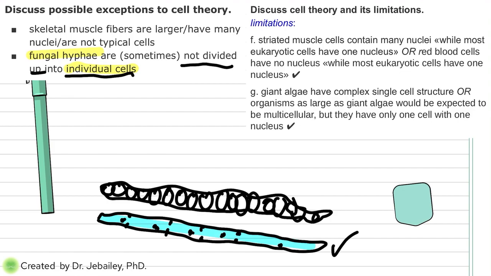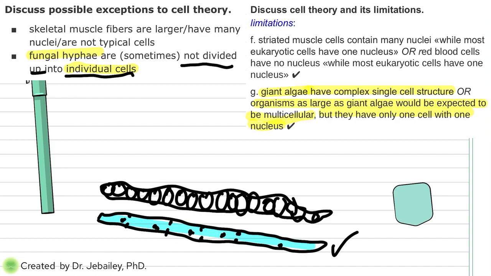On this one right here, when it talks about limitations, they talk about the giant algae. They have a complex single cell structure, or in other words, an organism as large as a giant algae would be expected to be multicellular, but it is made of only one cell with one nucleus. Be careful. The giant algae is not like the skeletal muscle.